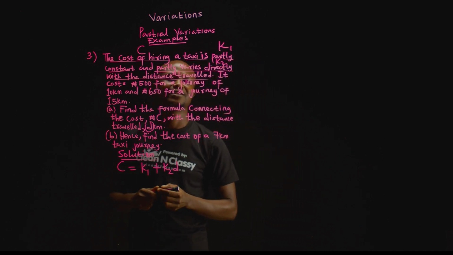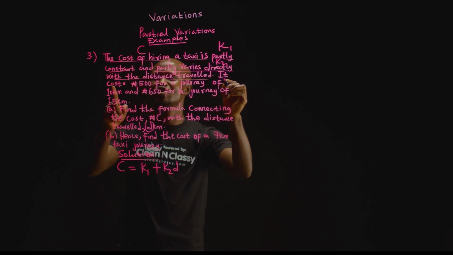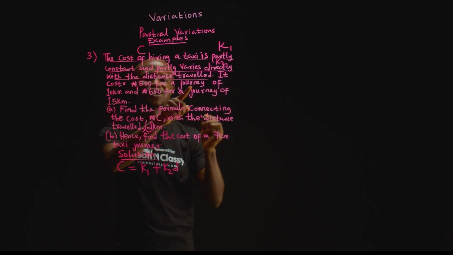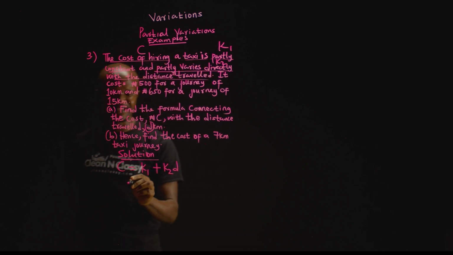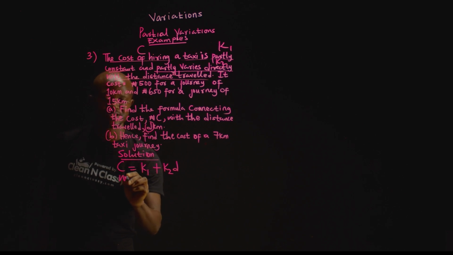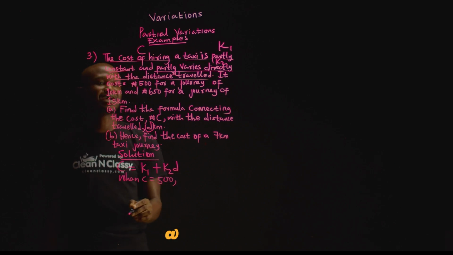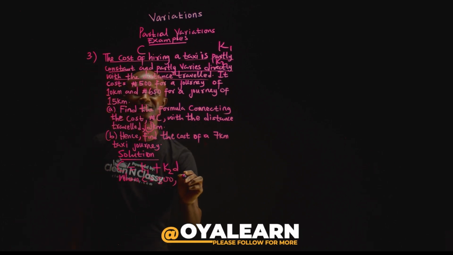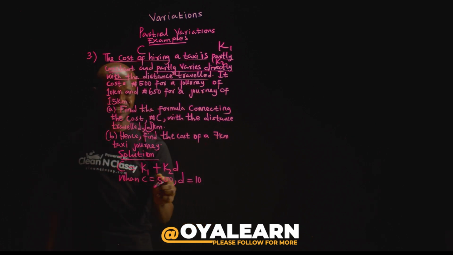Now, let's look at the second statement. It costs 500 naira for a journey of 10 kilometers. So it means that when C equals 500, D equals 10 kilometers.